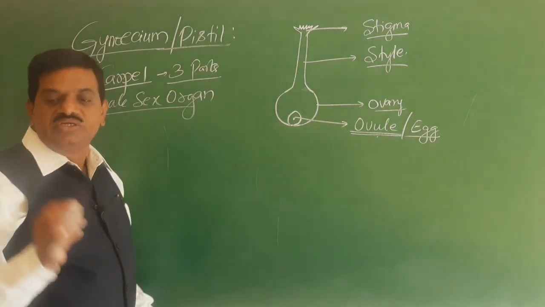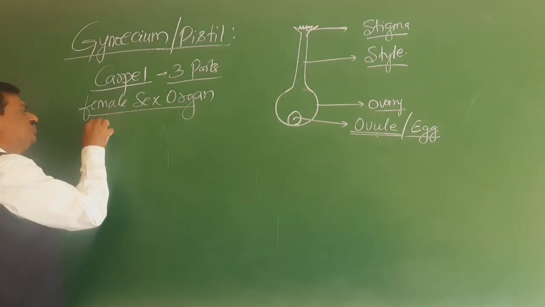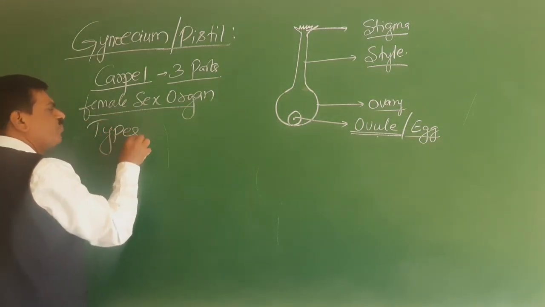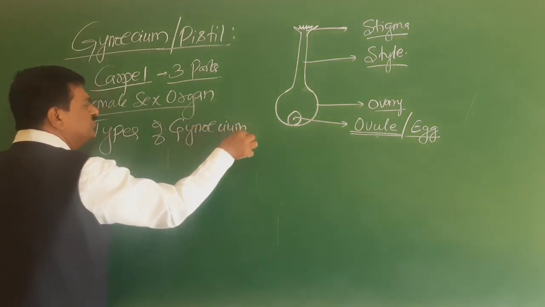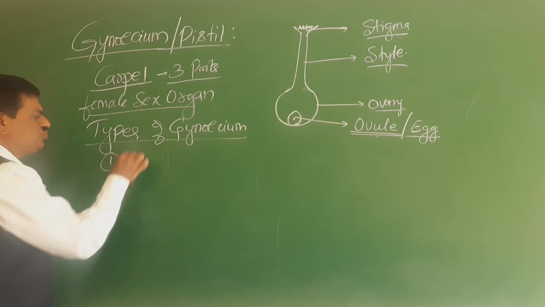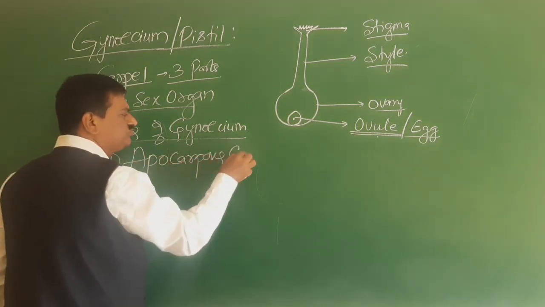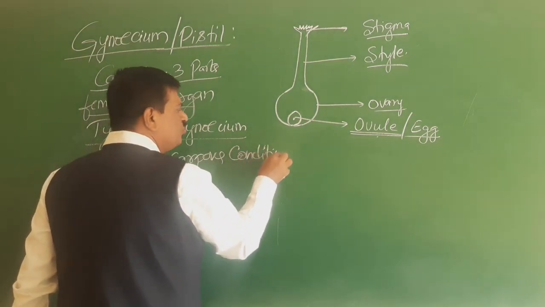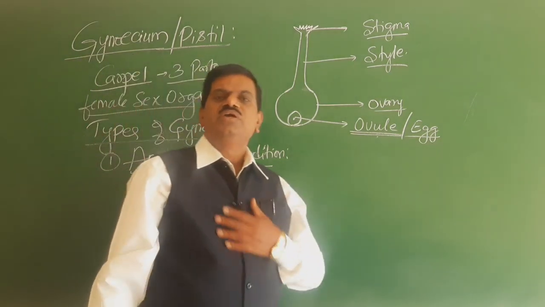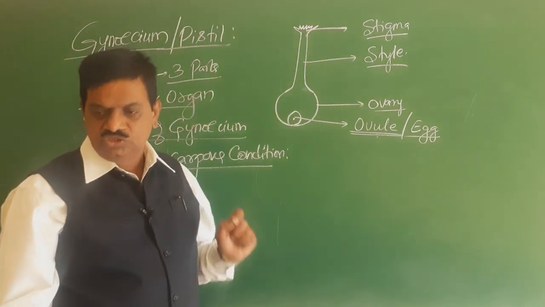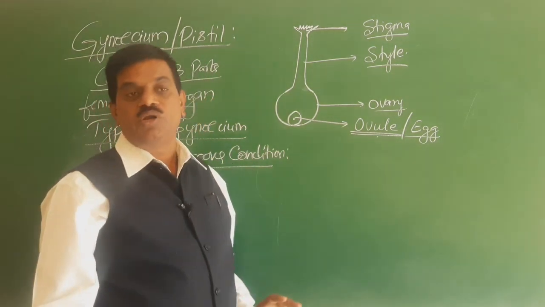Now we go for different types of gynoecium. The first one is called apocarpous condition. When an ovary has 2 or many carpels, let's imagine pentacarpellary, 5 carpels.